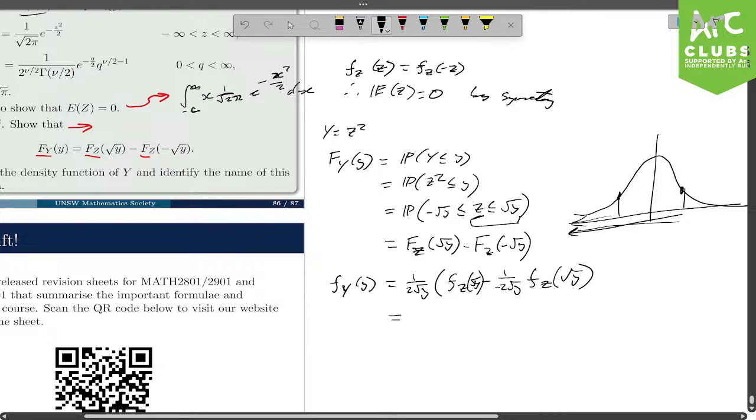And so these two things are the exact same value because it's even. We continue moving forwards. It becomes 1 on root y, f of z root y.